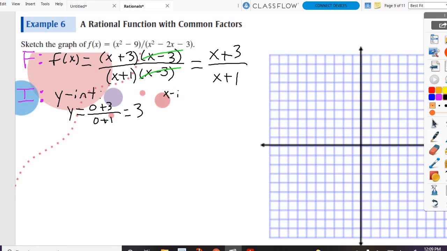Now, what about our x-intercept? What do I do for that one? Not plug it into the top, but set our top equal to 0. So we get x equals -3.